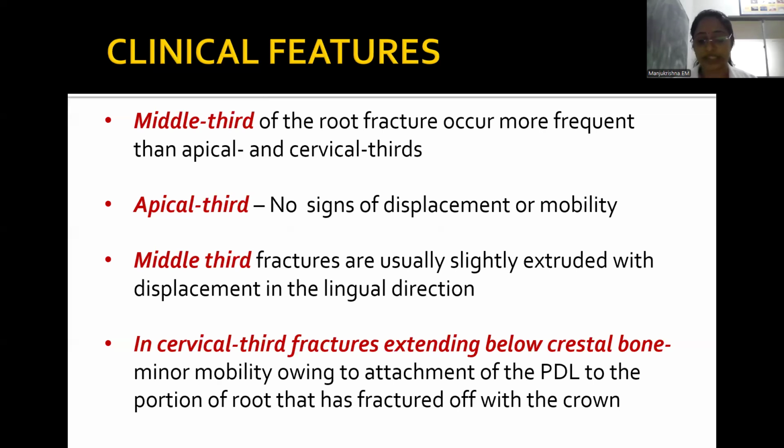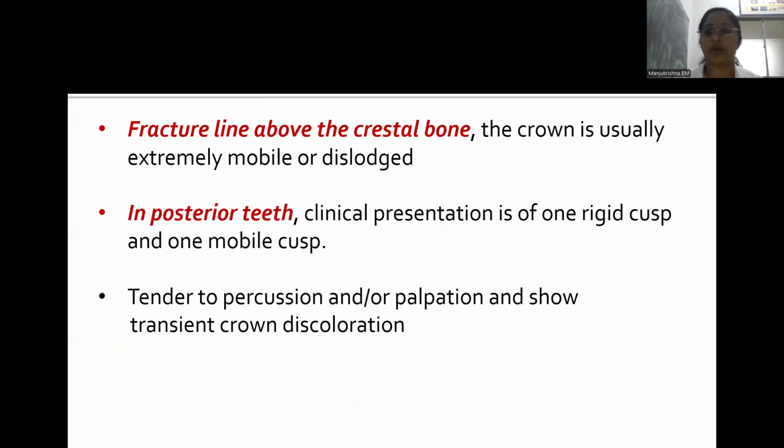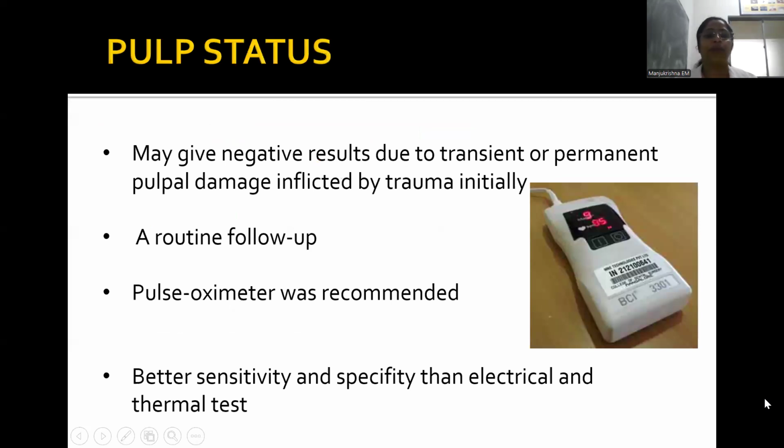In the cervical third, below the crestal bone, there is mild mobility. The crown is usually extremely mobile or dislodged in posterior teeth. Clinical presentation is one rigid segment and one mobile segment, with normal percussion or palpation, and a transient crown discoloration, and pulpal disease.